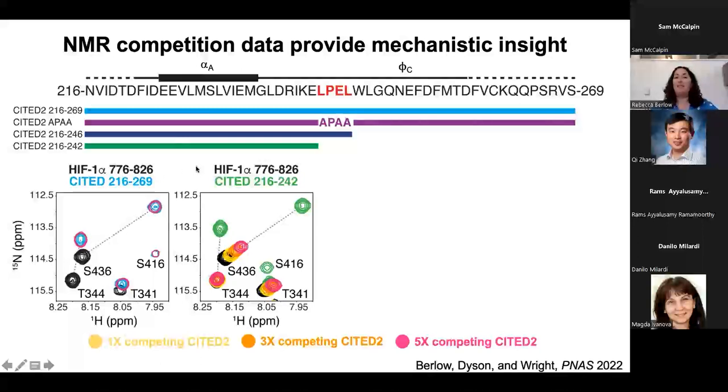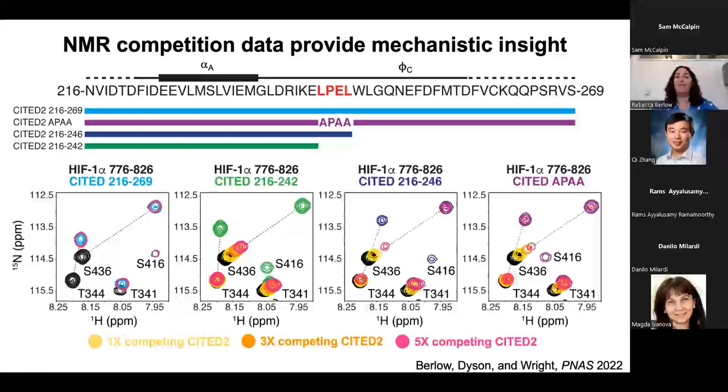And we decided to do those same competition experiments now with each of our truncated peptides. These are the data I told you I would come back to. With the N-terminal truncation, where we only have the alpha A region, we see a nice pattern of chemical shift changes upon increasing concentrations of CITED-2. And we can do these experiments for all of these peptides.